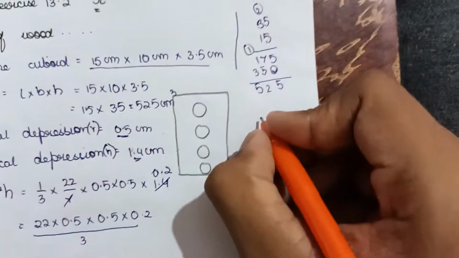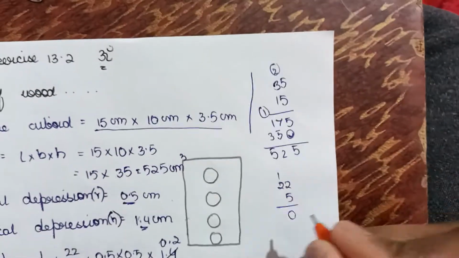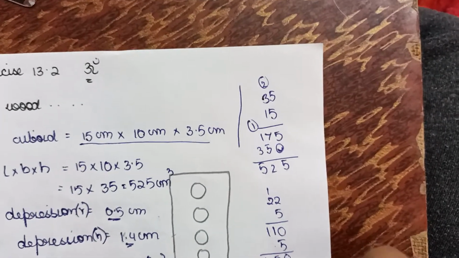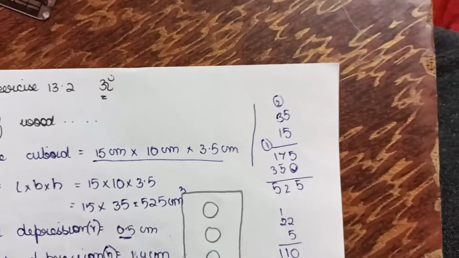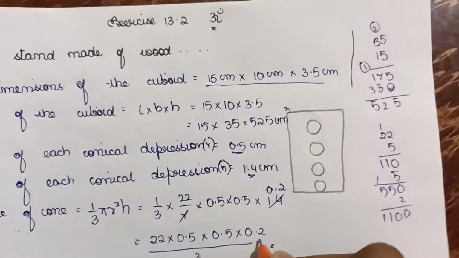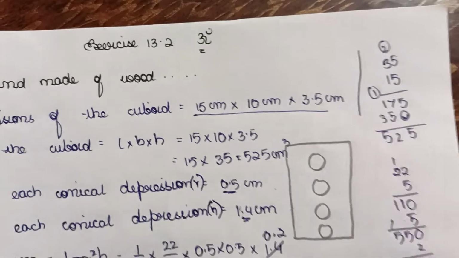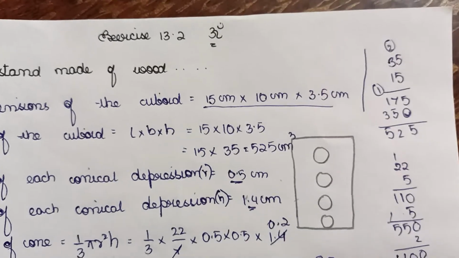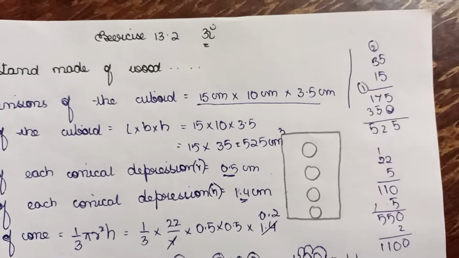So let's perform some rough work here. 22 into 5, 5 2s are 10, and it's 110. Here there are 3 decimal places, 1, 2 and 3, so 110 with 3 decimal places is equal to 1.1 by 3 centimeter cube.